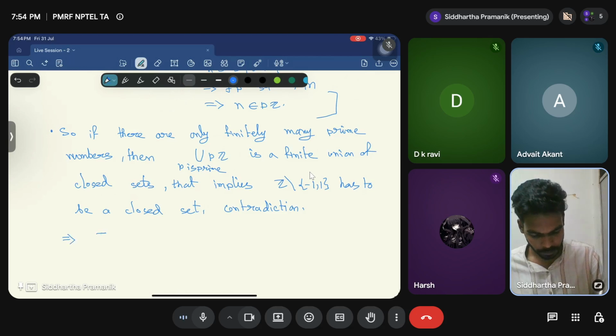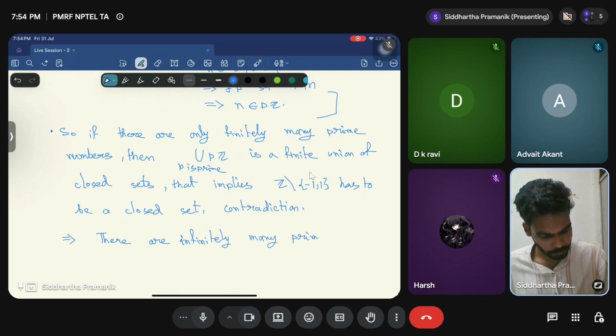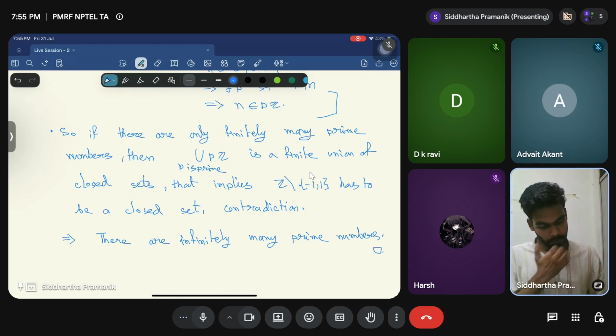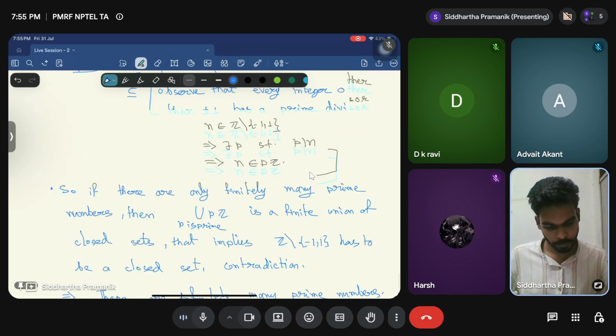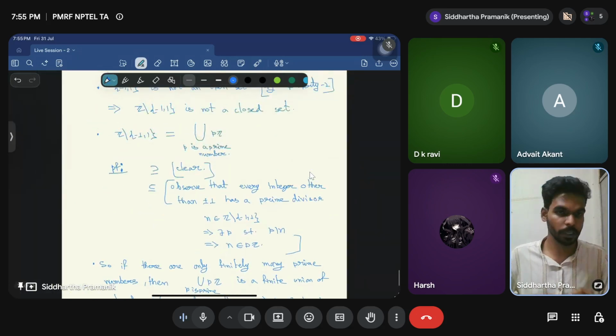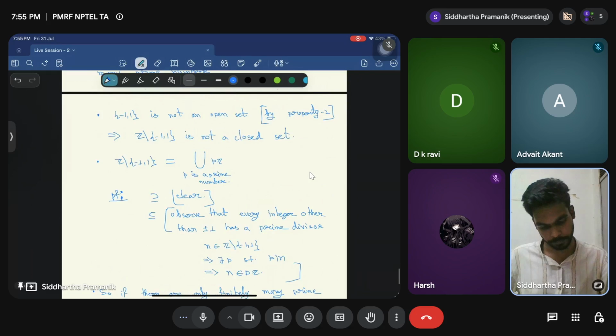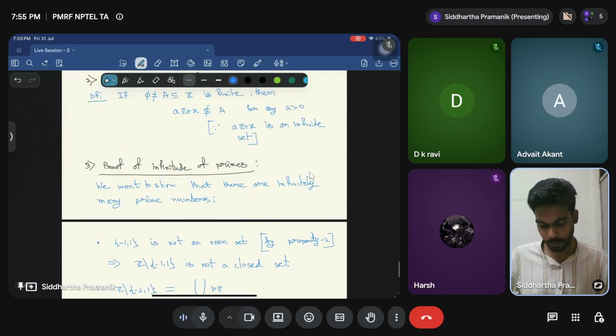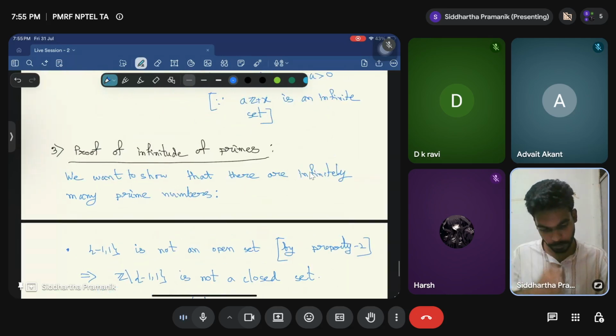This implies there are infinitely many prime numbers. Okay, so this completes the proof. The proof is fairly easy. You just have to do it step by step. So we'll come to this topology later with some other problems maybe.